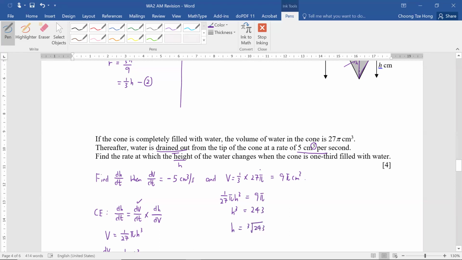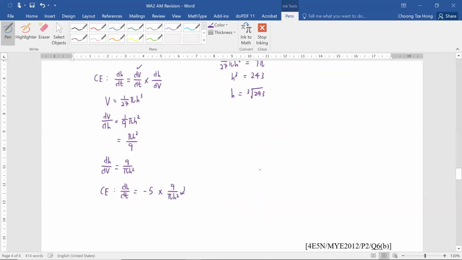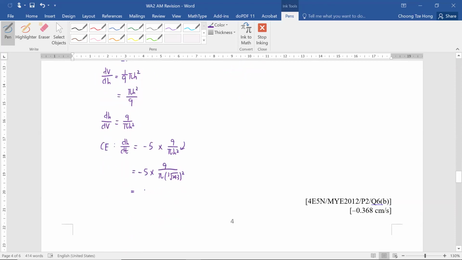Now we can take this cube root of 243 and sub inside here, and then we will be able to calculate out the answer. So the cube root of 243, then the whole thing squared. Just use your calculator and calculate this out. You should be able to get the answer: -0.368 cm per second.